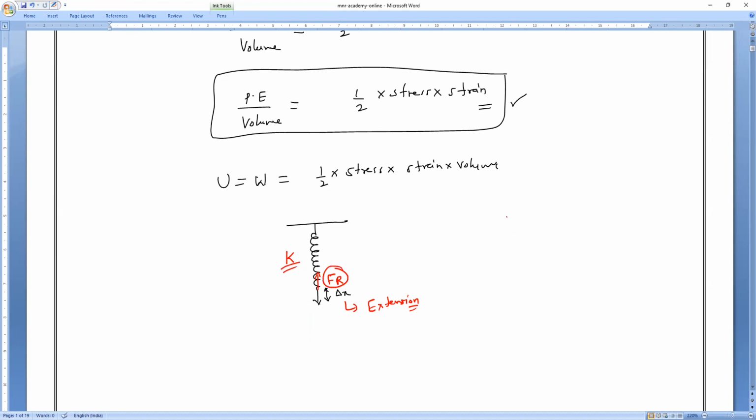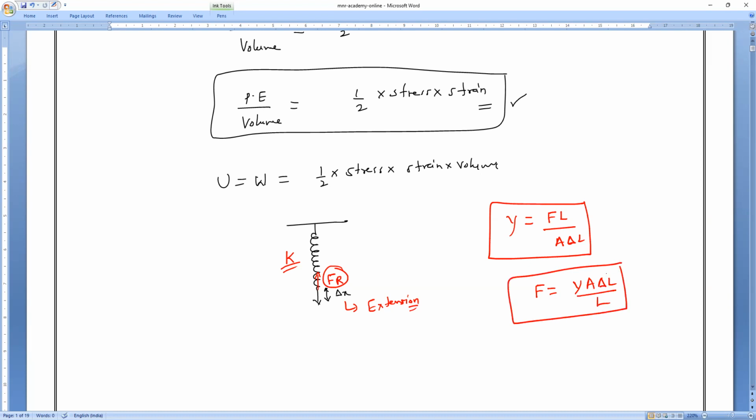We all know from last class that Young's modulus is equal to force into length divided by area into change in length. So from that, what is F equal to? Check your last class and tell me. F is equal to Young's modulus into A into delta L divided by L. Is it right, everyone? Please respond. Yes, sir.